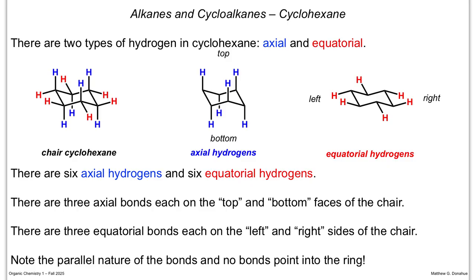So again, I always try to orient yourself, the top, the bottom, the left, the right. As I said, the axial bonds, as you draw them, should always be parallel to one another. The equatorial bonds, so I'm gonna slice right here. You see how these 3 to the right, they point to the right.